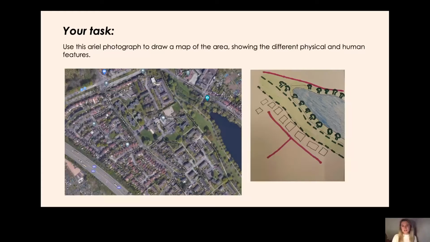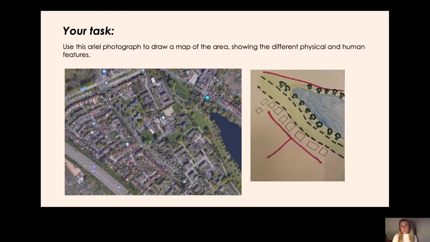So I've done a little example for you so you know what I mean. So I've done the part with the lake. So you can see that I've shaded the lake in blue because water features are shown using blue. I've then, round the lake, done some green shaded areas, and I've also put lots of pictures of trees around the lake because remember, a symbol of a tree shows an area with lots of trees.